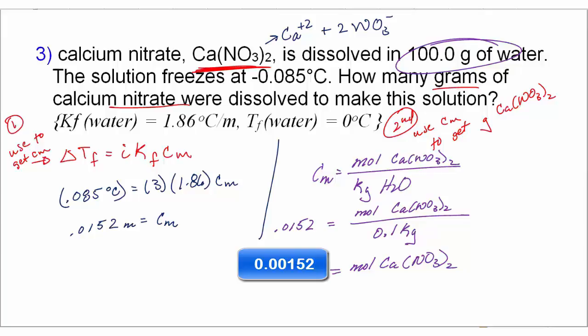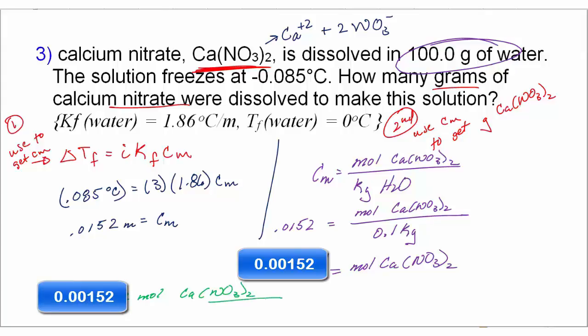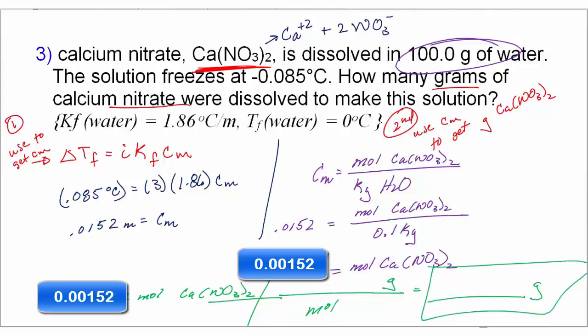moles. So there's only one step left. We need to convert 0.152 moles of calcium nitrate into grams. And then I will have my answer. Okay? So let's find the molar mass of calcium nitrate.